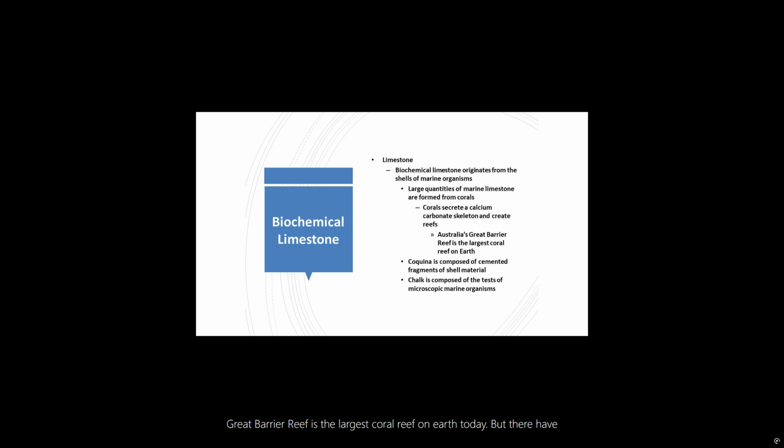Australia's Great Barrier Reef is the largest coral reef on Earth today, but there have been many in Earth's history that rival the Great Barrier Reef. Coquina is composed of cemented fragments of shell material, and chalk is composed of the tests of microscopic marine organisms.